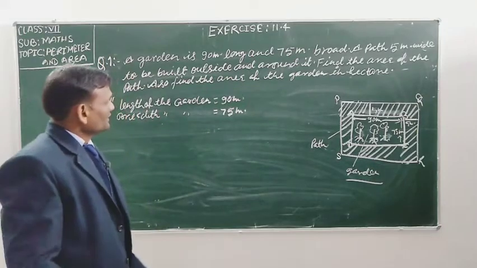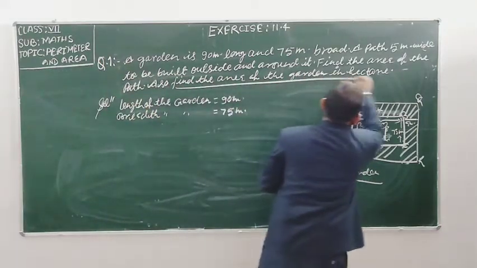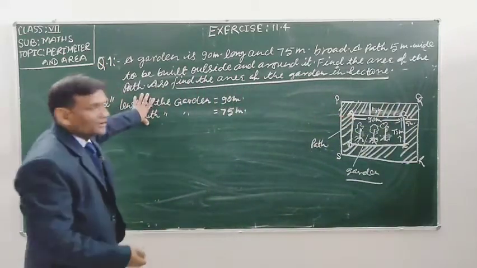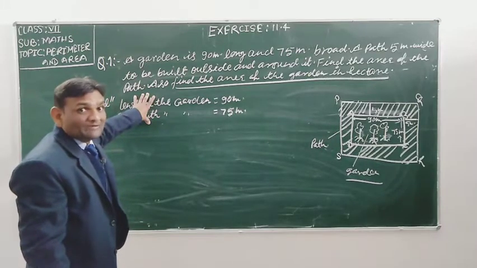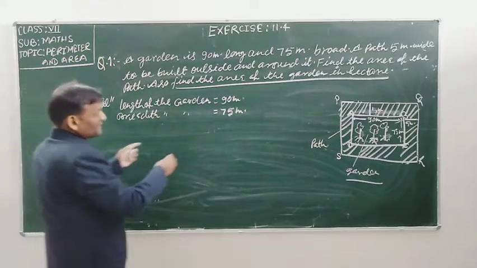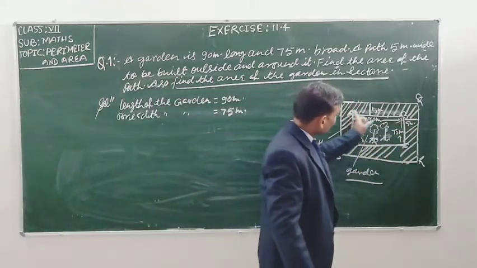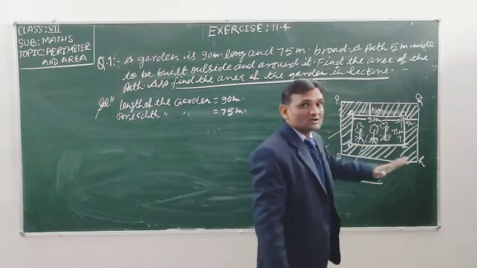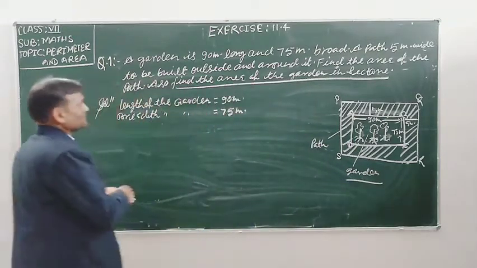Students, the question is asking me to find the area of the garden in hectare. So by these two pieces of information we will be able to find the area of the garden. My garden, as you see in the figure, is in the shape of a rectangle, so we use the formula of a rectangle for finding the area of the garden.